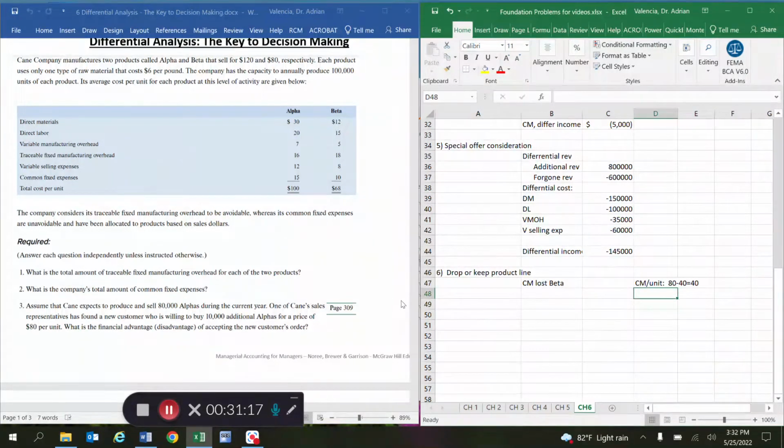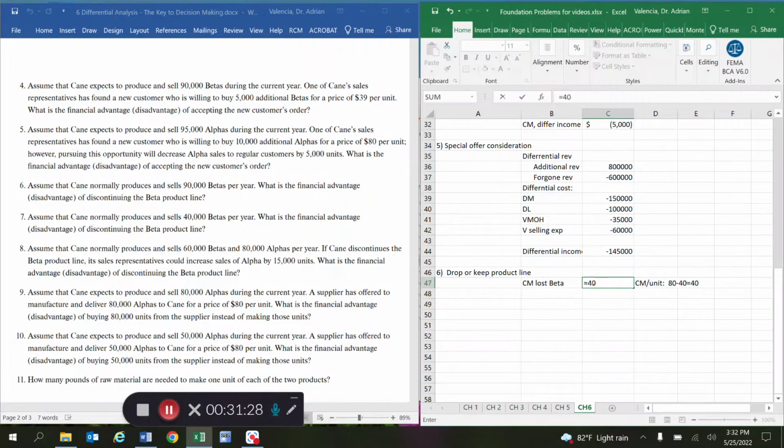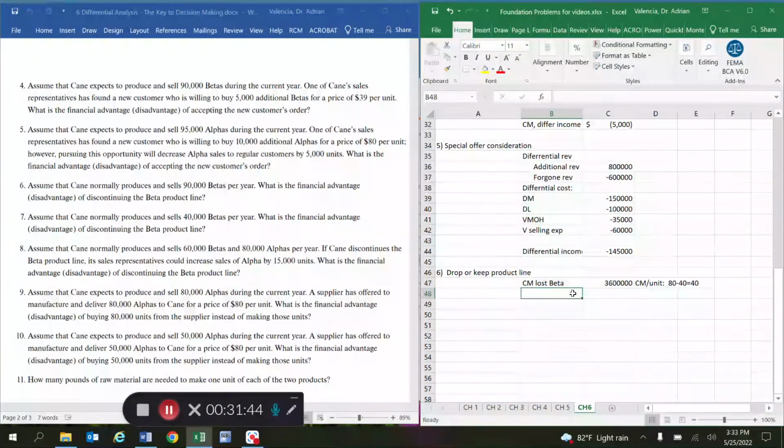So if we were to get rid of, how many was it that they said? Under 6, if we get rid of 90,000, then that would be a lost contribution margin of 40 times 90,000, or $360,000. So immediately by looking at that, I would say don't get rid of that product line in the short term, because there's a positive contribution margin. But here's the little extra kicker on this one.